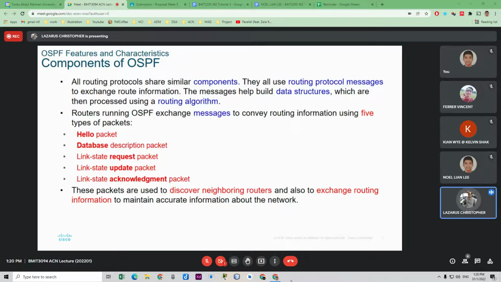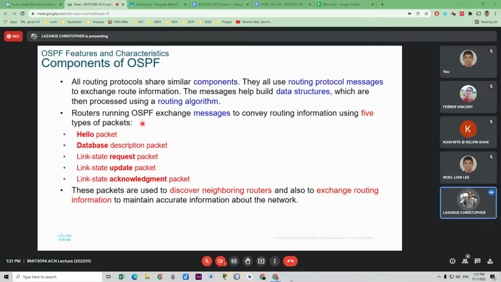And it is also complemented by a routing algorithm. What is this routing algorithm? If you have multiple routes, it helps select, in terms of that protocol, the winning path, the winning route, so that it can be entered into the routing table, right?